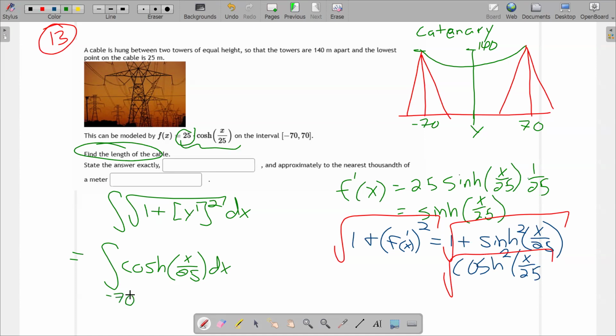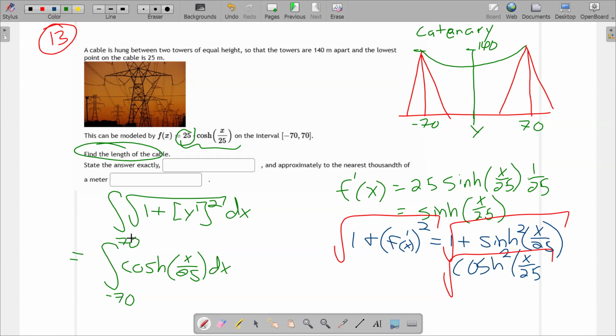from negative 70 to 70. Anybody notice if the hyperbolic cosine is an even function? Anybody remember what it means to be even? Even means if you plug in a negative x, it doesn't change the function.